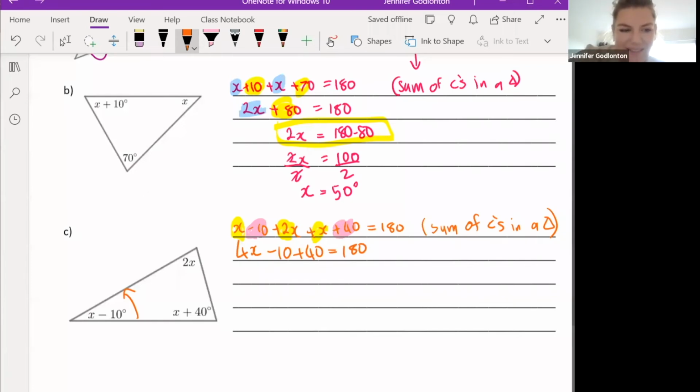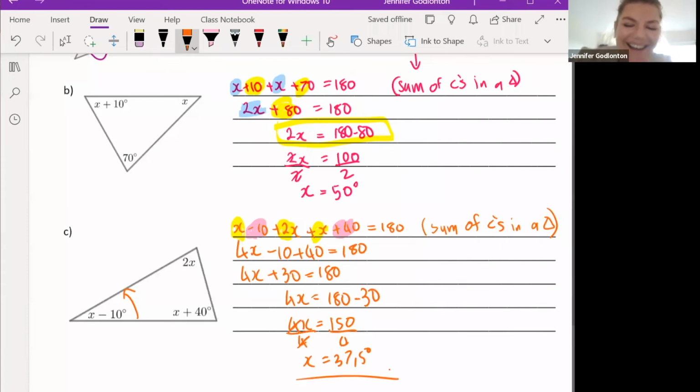Then, ma'am, you're going to say 4x plus 30 is equal to 180. Then 4x is equal to 180 minus 30. Then 4x divided by 4 is equal to 150 divided by 4. Then x is 37,5. Yay! Well done. Nice job, Ayanda.